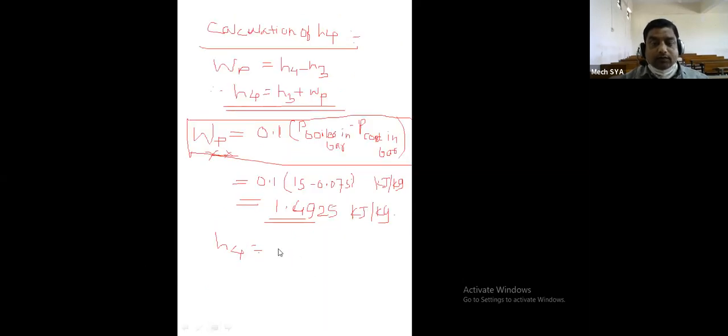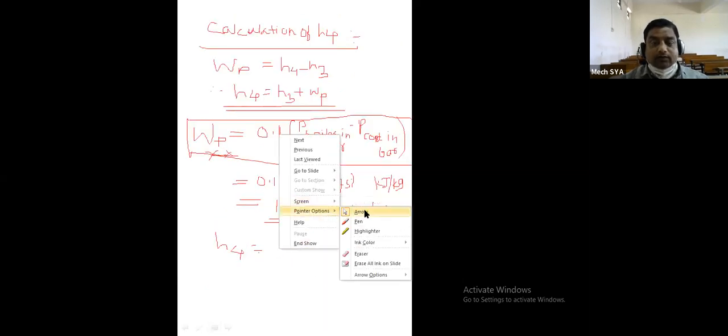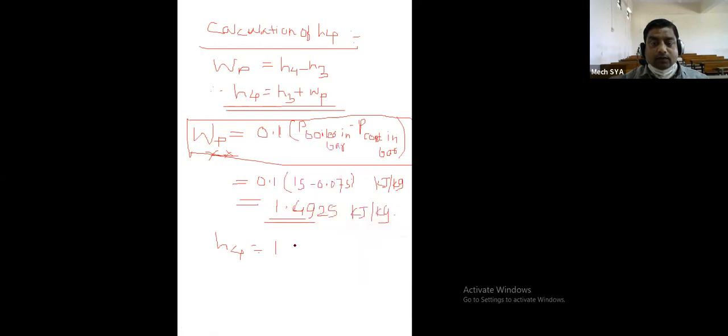So H4 is equal to 168.65 plus 1.4925, and Asmita has calculated the value, so we'll consider Asmita's answer.